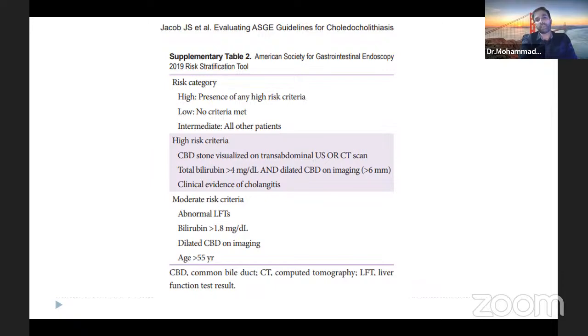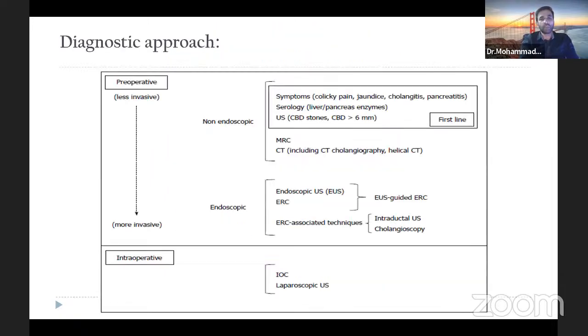And moderate risk: abnormal LFT, dilated CBD, bilirubin greater than 1.8 milligrams, and age greater than 55. Based on these criteria, we can assess the probability of the patient having stones or not. Usually the diagnostic approach is from less invasive to more invasive, like first ultrasound, MRCP, and then we can go to invasive procedures.